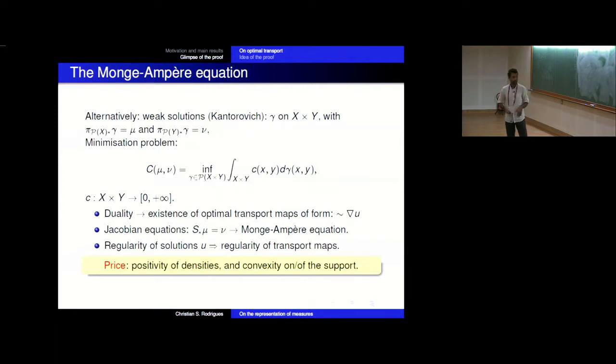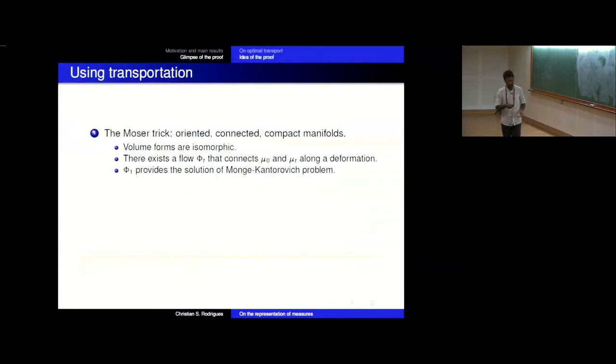Okay. So there is a way around, and this is how the extra conditions that we asked appear. When you have an oriented, connected and compact manifold, you can use an older way of treating this problem that is due to Moser, and nowadays it's called the Moser trick.